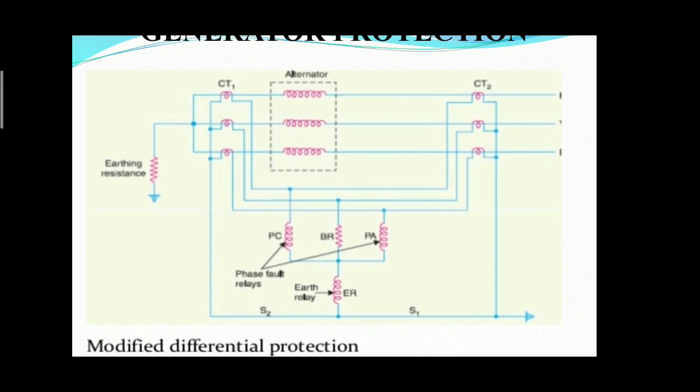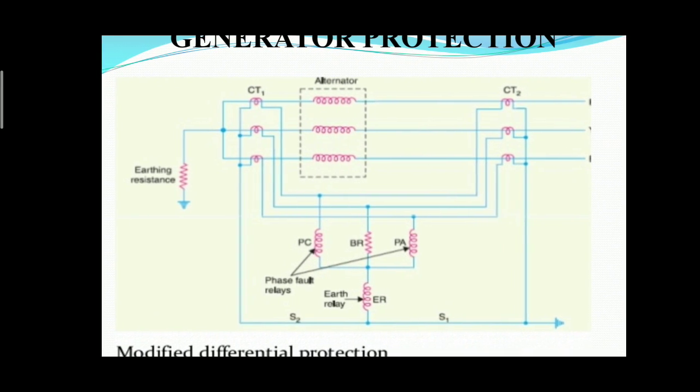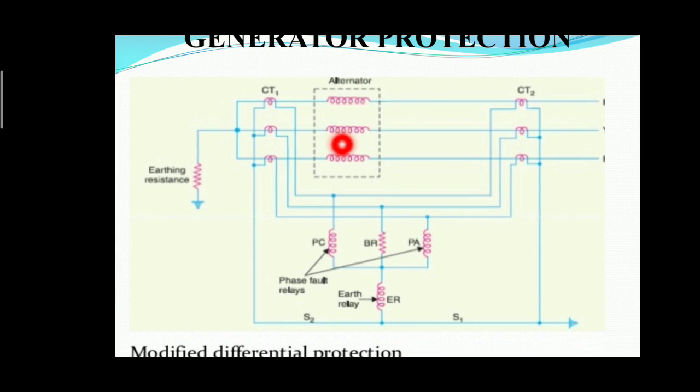Constructionally, this is the alternator stator winding. At both ends of the winding we are connecting two CTs, this is CT1 and this is CT2.